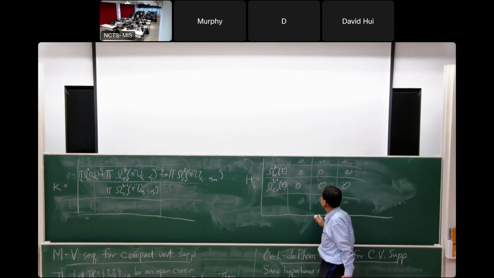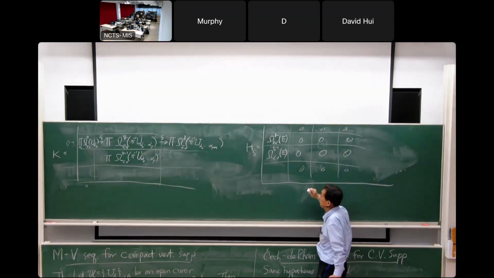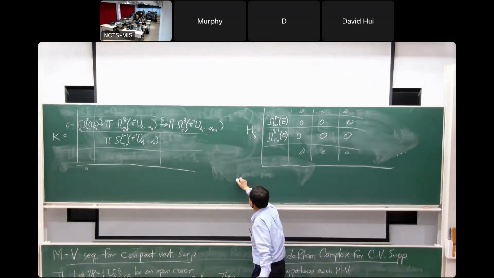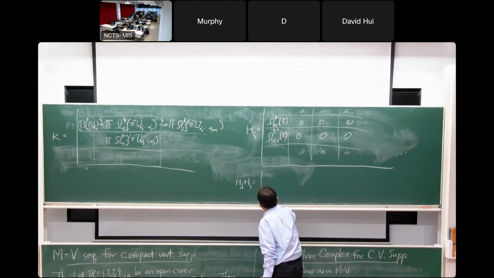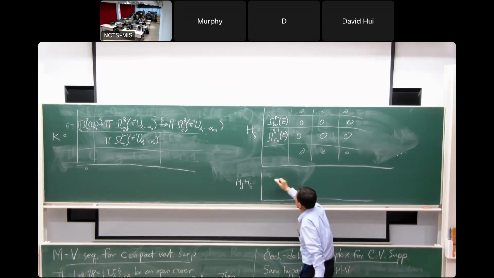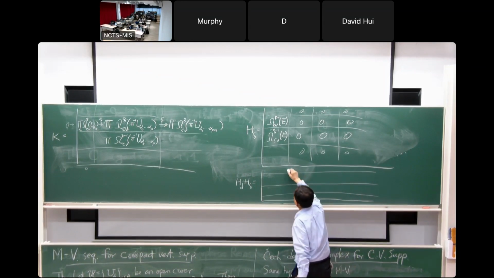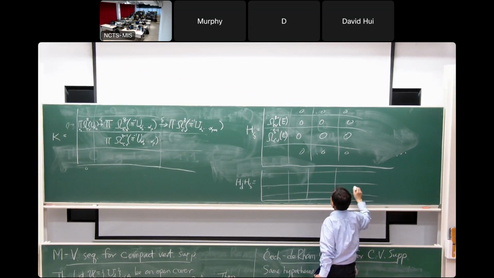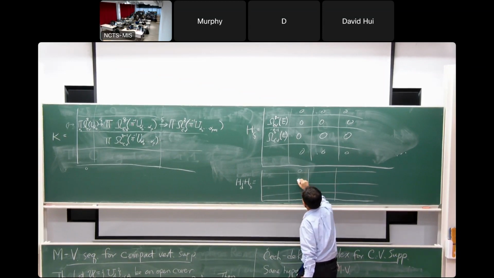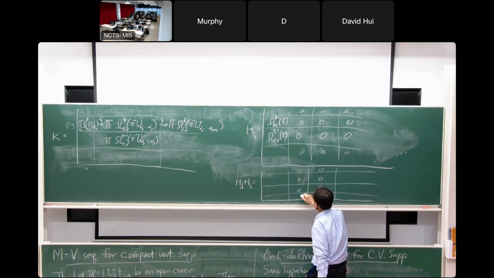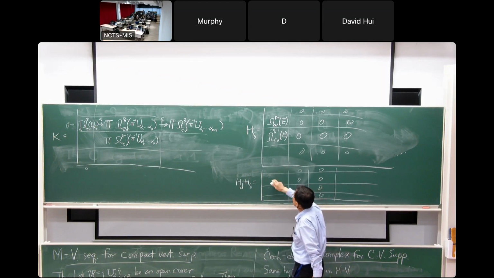Okay. And now if that's H_δ, what is H_D H_δ? When you take H_D, now you're taking the cohomology in the vertical direction. So what do you get?